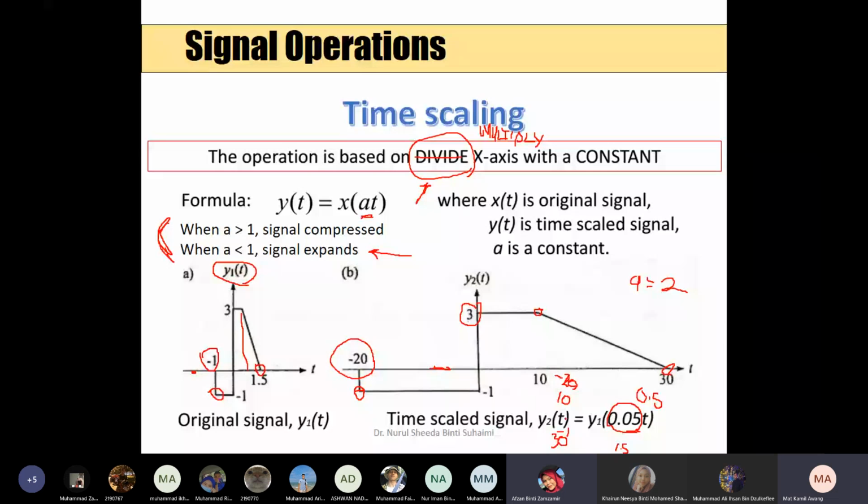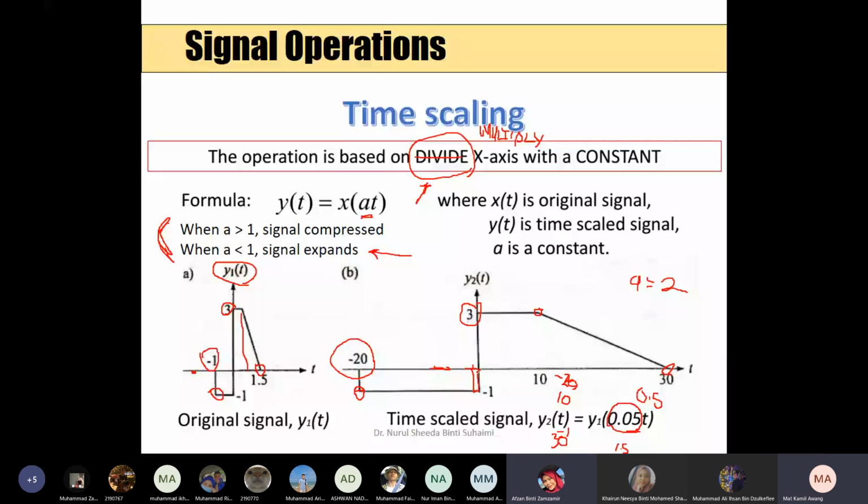Then at 0, the value is 0. At 0, what is the value? Here it is bigger, so still the same. If we draw here, basically it is compressed. It's somewhere like that.